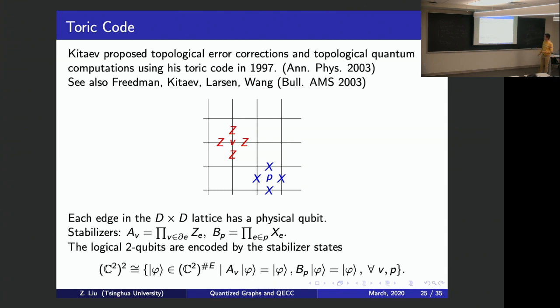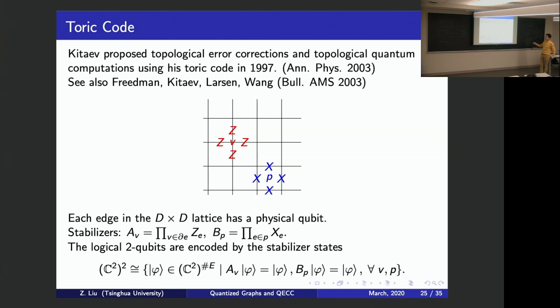So for the toric code, we have the square lattice. And now this graph is the pre-quantized graph. You can consider this as the triangle of the classical error corrections. The lattice itself is the classical one. And for the toric code, we have the qubit on the edge, and for the classical case, we have a bit on the edge.